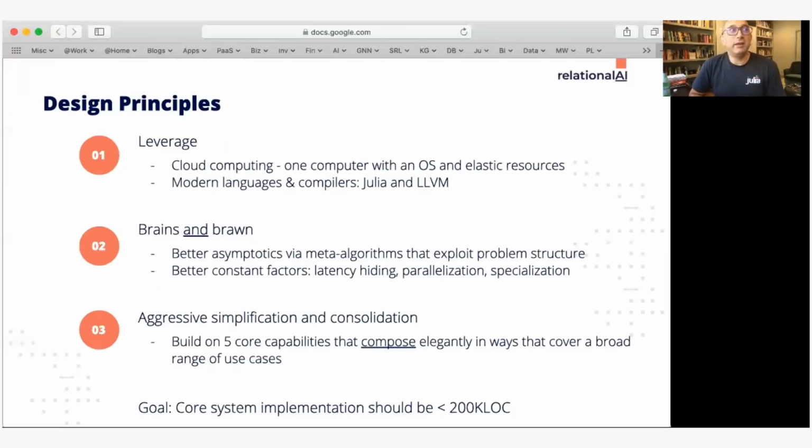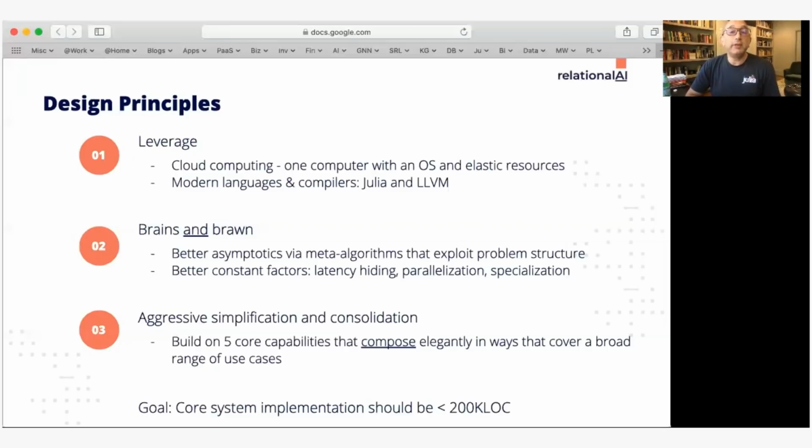In a traditional database, the storage manager would take 70% of the code, whereas here we're going to leverage AWS or Microsoft Azure or Google's investment in their respective object store systems. The other thing we're leveraging is modern languages and compilers, specifically Julia and LLVM.